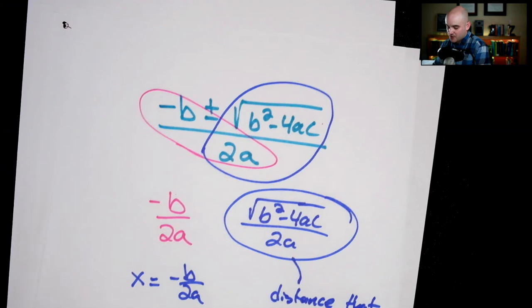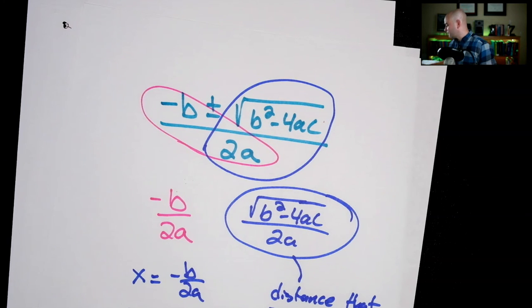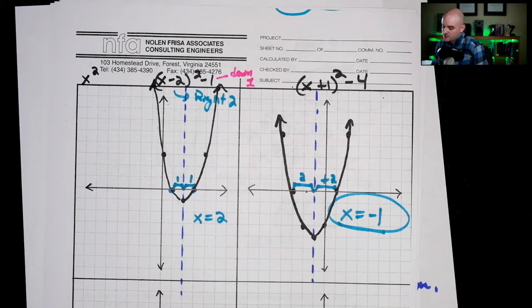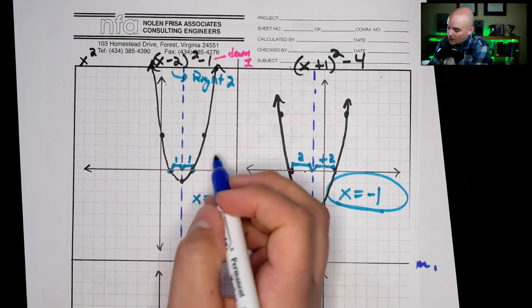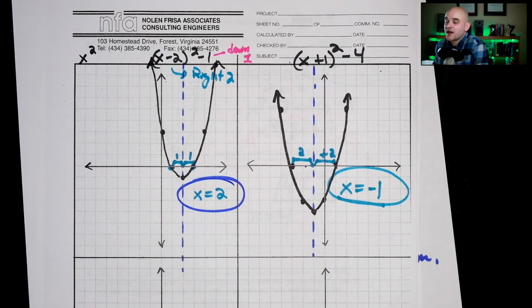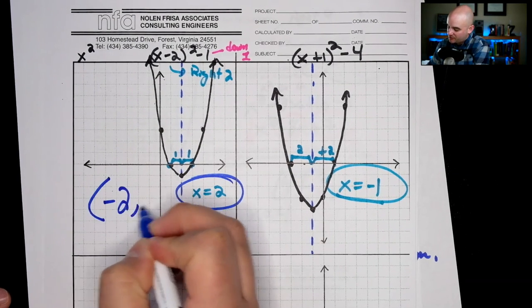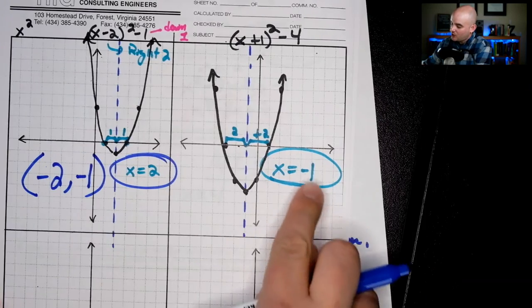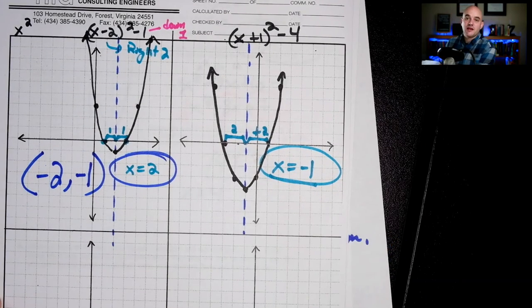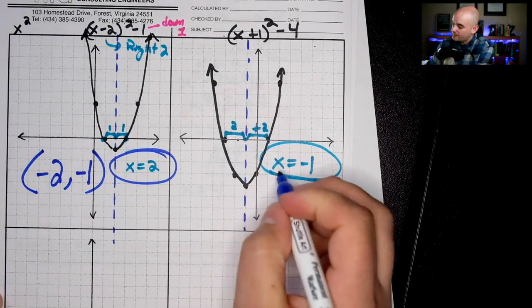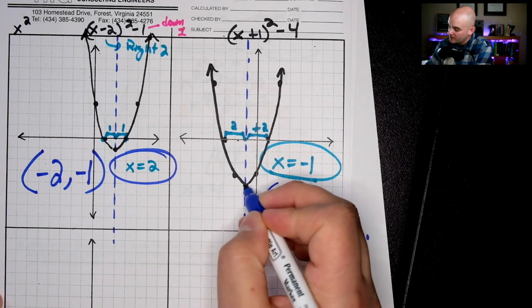Now, one thing to keep in mind when we look at these graphs, let's go back and look at one of our graphs here. Where did I put it? So going back to this one right here, once you know that the axis of symmetry is x equals 2, the vertex must be on the axis of symmetry. Notice our vertex is right there at -2, -1. Over here, axis of symmetry, x equals -1. The vertex must be on the axis of symmetry.